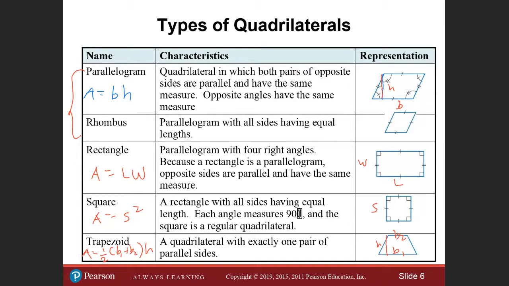So those are the different formulas for the areas. Again, let me repeat this. The area is the inside of the shape, and the perimeter is the measurement around the shape.